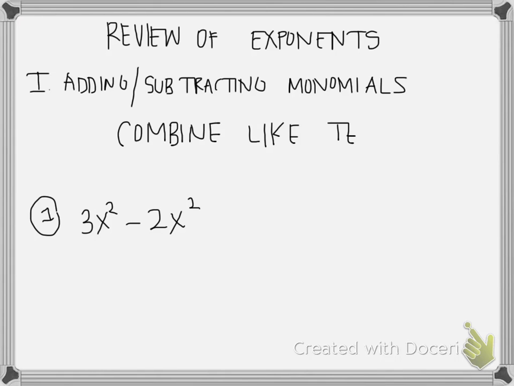So the monomials have to be the same, which means that they have to have the same exponents on the variables. So all you would do is add or subtract the coefficients in front. Okay? When we combine our like terms, we keep the exponent the same.